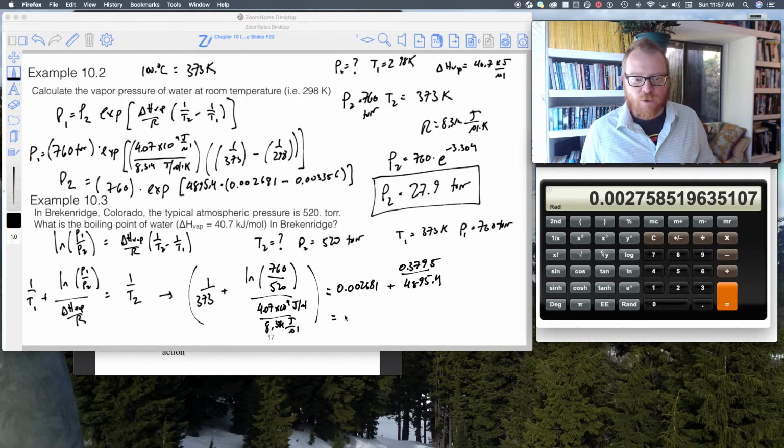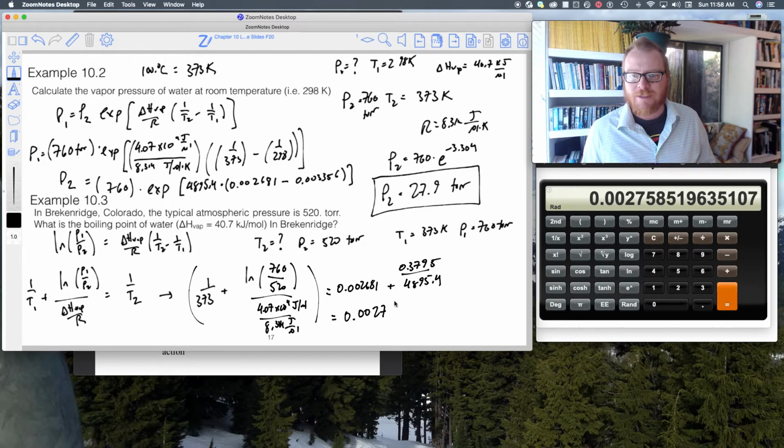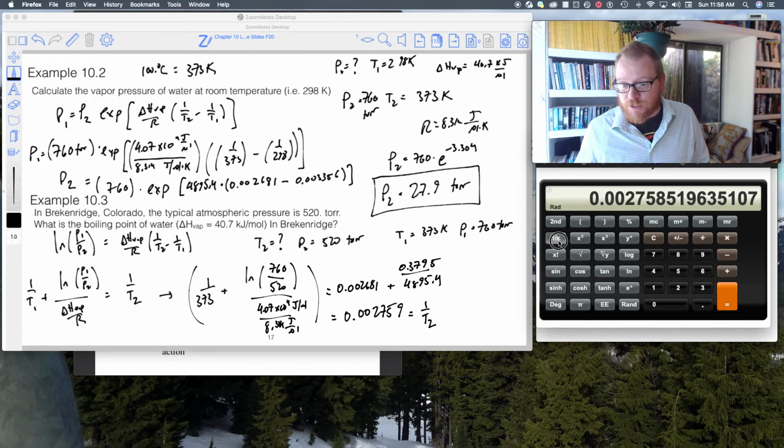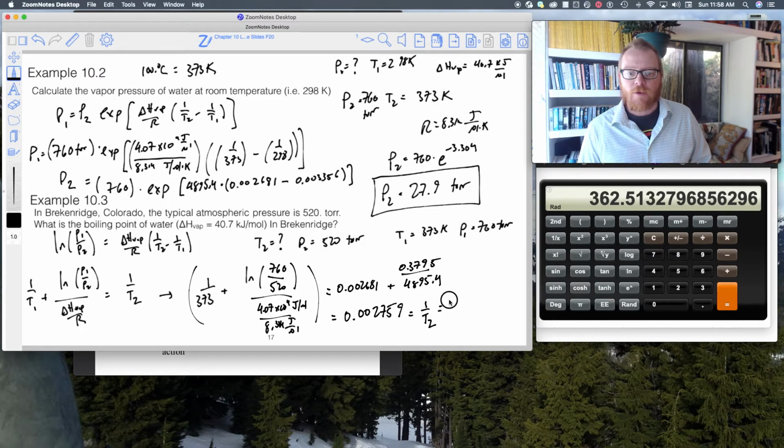So this whole chunk is 0.002759, and that equals 1 over T2. Right? So on my calculator right here, I can find the 1 over x button. There it is, and I'm just going to push it. Beautiful. That gives me 362 Kelvin.